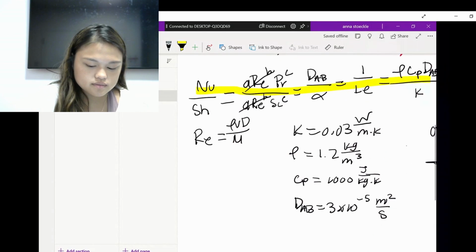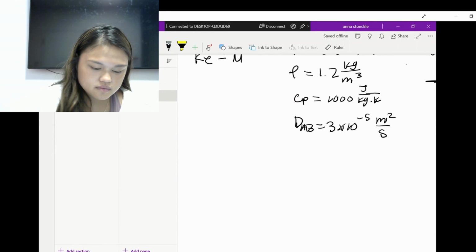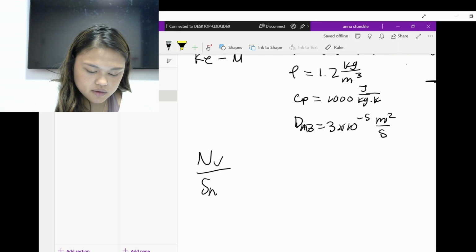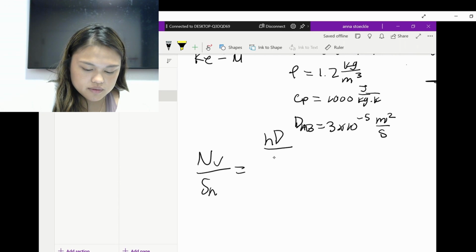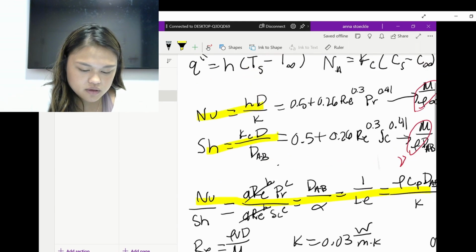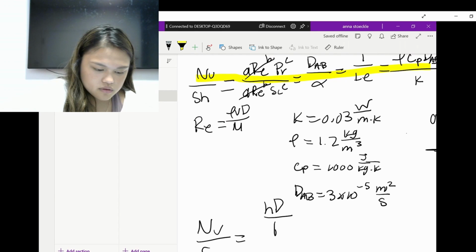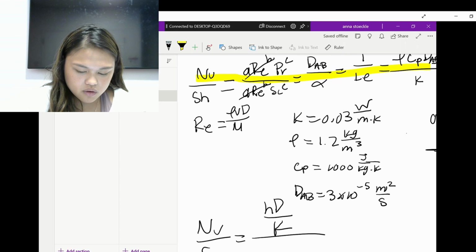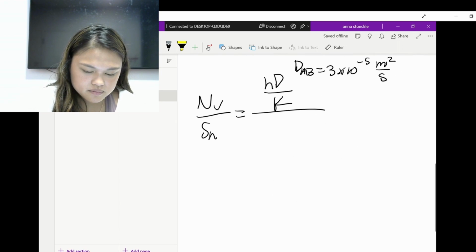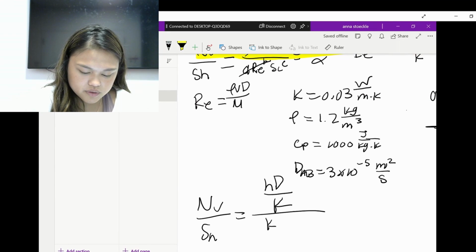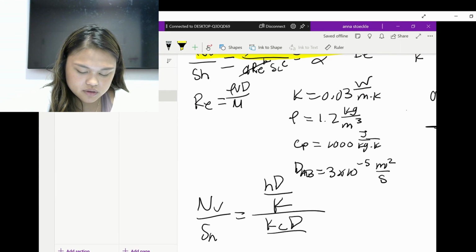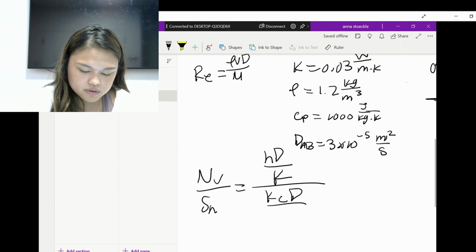So just the Nusselt over the Sherwood number, and that will give us H, characteristic distance, over K, that thermal conductivity, all over the mass transfer coefficient, characteristic distance, over the diffusion coefficient.